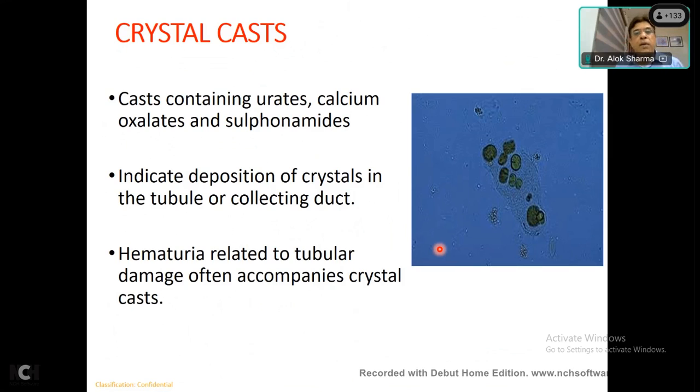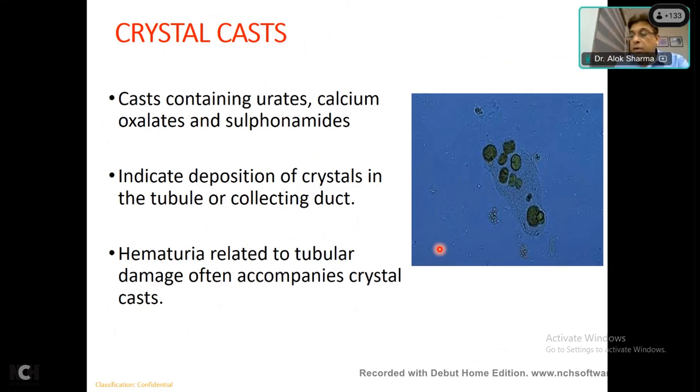So you can have a urate cast, you can have a sulfonamide cast depending on the drug. And what it does is basically negates deposition of crystals in the tubule or collecting duct, right? So because of that, the basic matrix is formed there. The presence of these crystal casts tells you that there is deposition of crystals in that particular segment of the nephron, right?